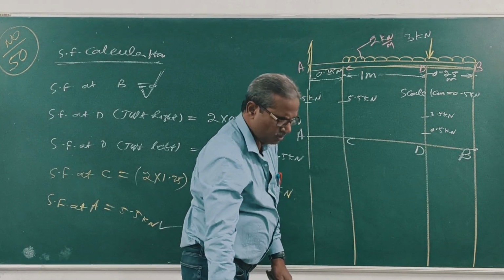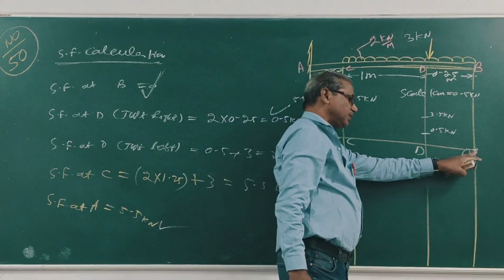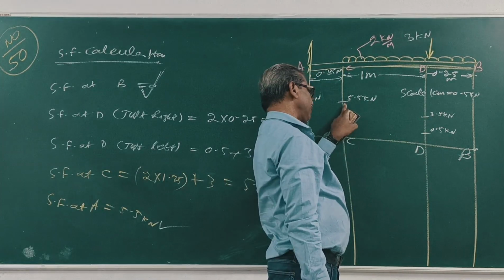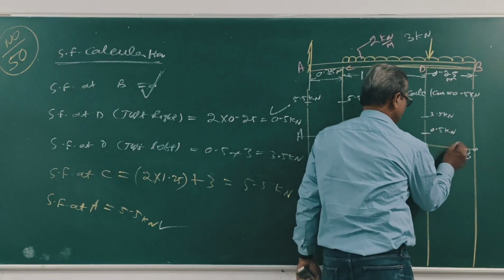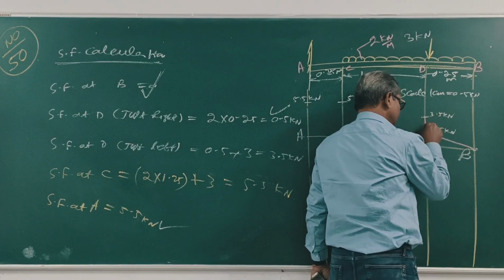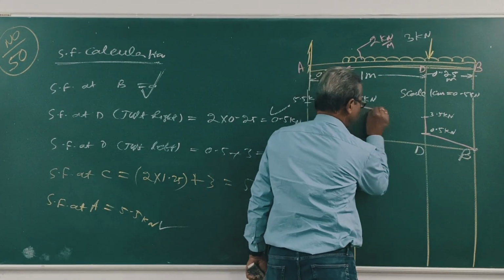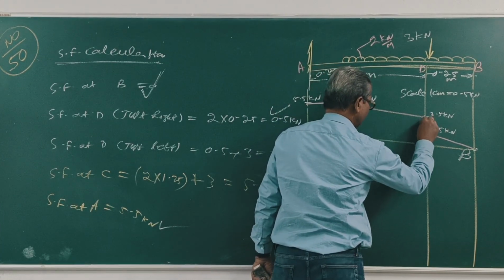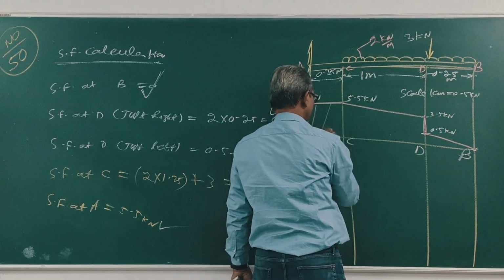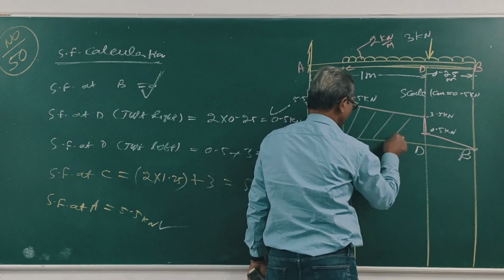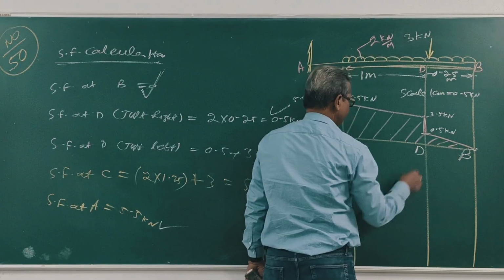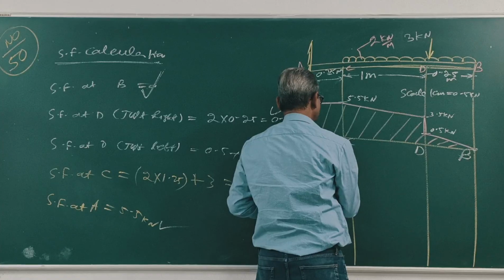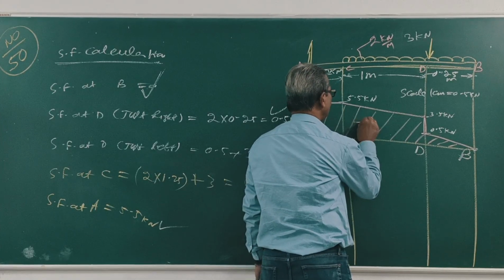Right? So starting from B: 0, 0.5, 3.5, 5.5, 5.5. Clear?